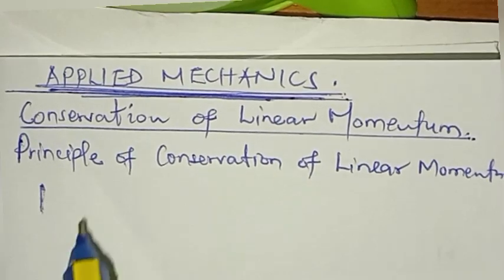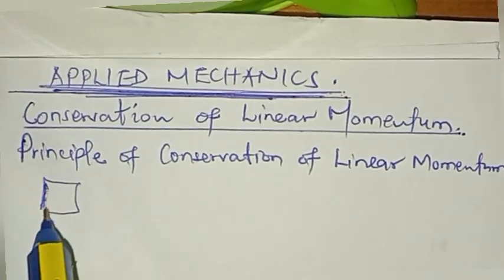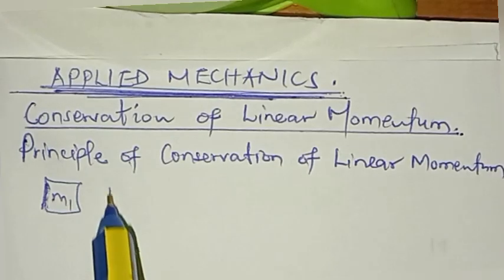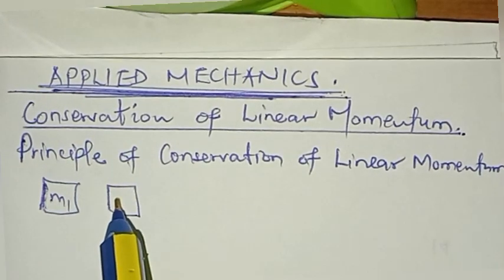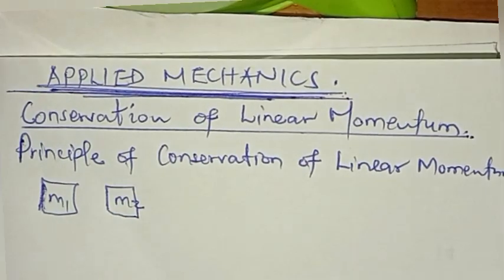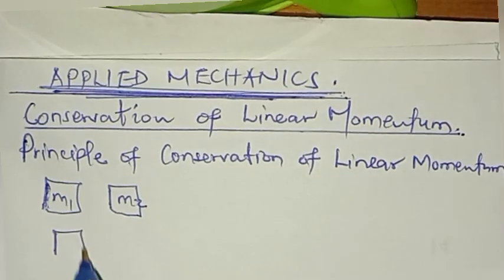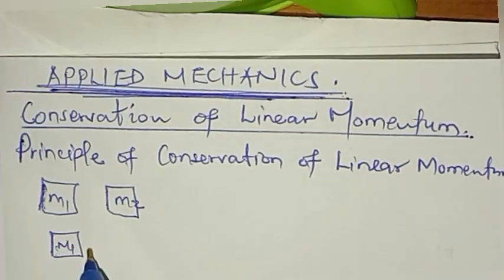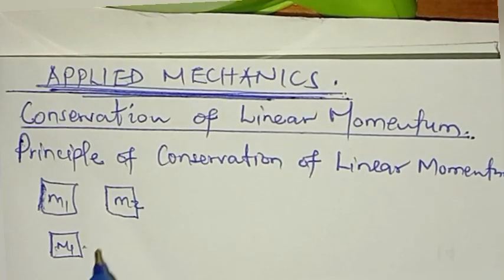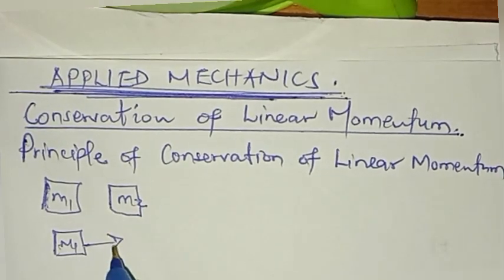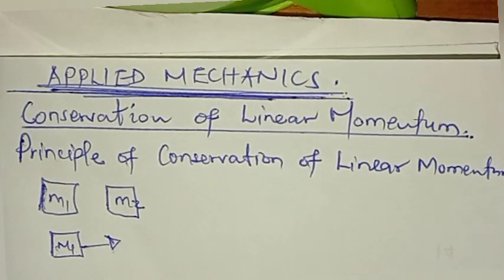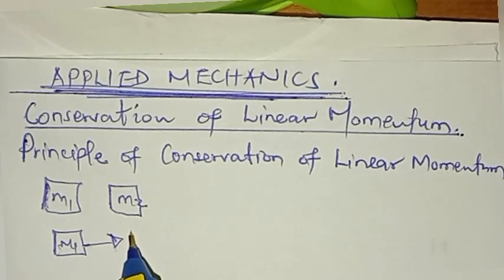When we have a body of mass m1 and a body of mass m2, first, this body of mass m1 will remain constant in that direction unless acted upon by an obstacle.